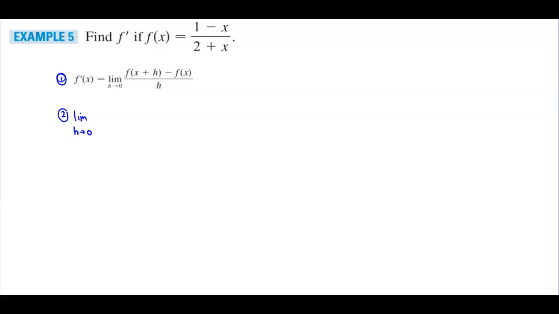And so in our numerator, we're going to apply the input of x plus h.